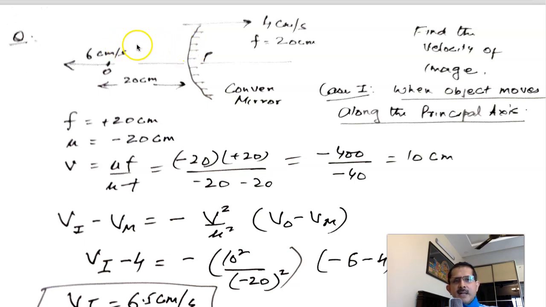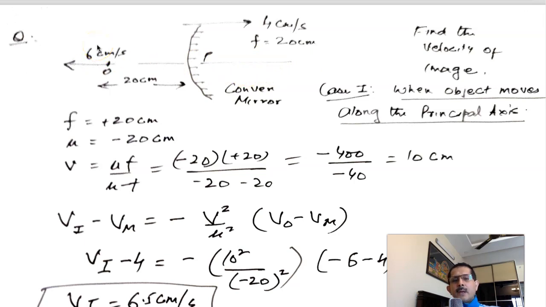Which direction? It's going this way, so this would be positive. And why is focal length plus 20? Because the moment I complete this as a sphere, focal length would lie somewhere between, and focal length, as I said, or u or v, is from pole to that position. So pole to focus, so it will be in this direction.